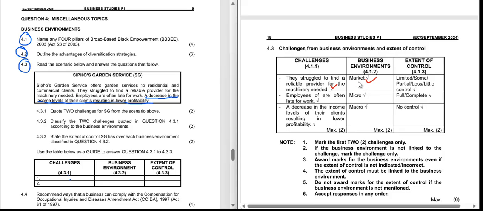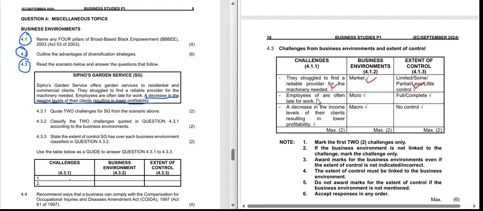You have a certain degree of control. You can look for someone that can provide you, but you don't really have that much control over it. So the extent of control, as I've said, is limited or partial or little control over the market environment. Otherwise, if they had absolute or total control over it, they wouldn't have this problem. They could have solved this problem.